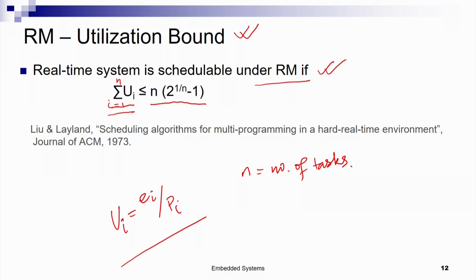Okay. So, this is a guarantee. It says that if I can guarantee this, then I will always be able to schedule my task set.